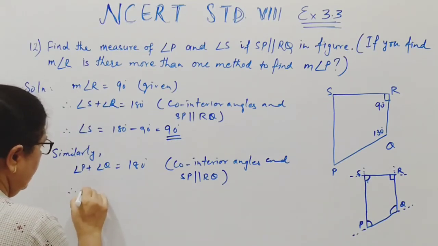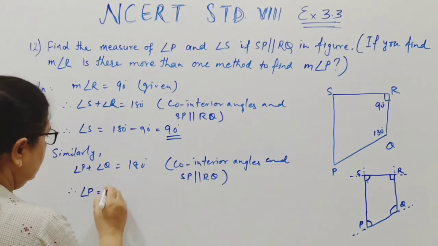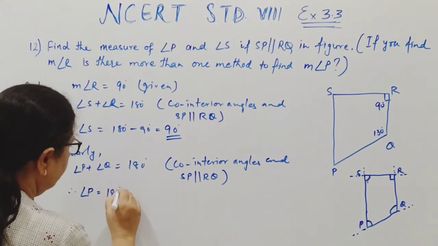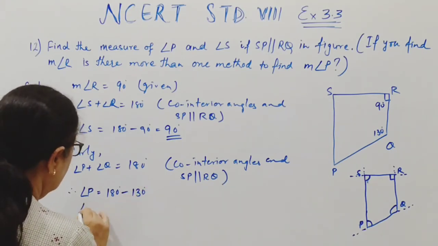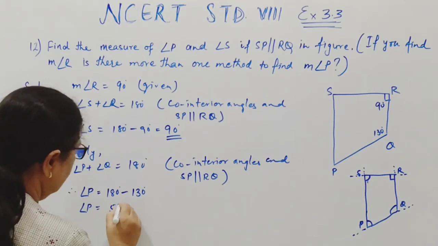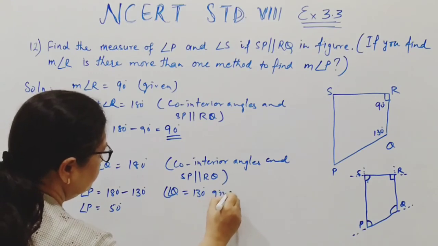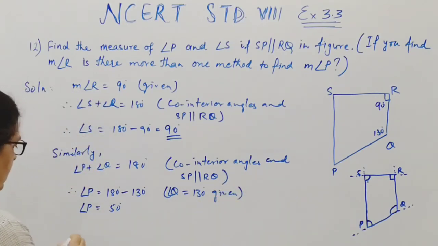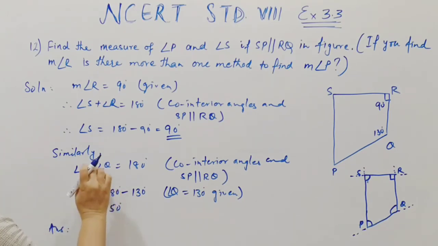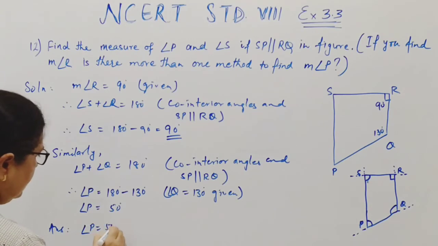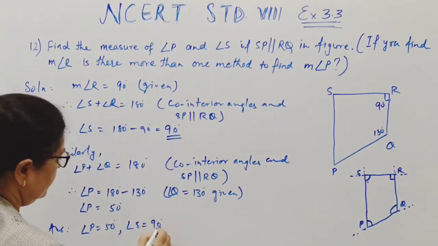Therefore, angle Q is given to us, that is 130 degree. So angle P is equal to 180 degree minus 130 degree. Therefore, angle P is equal to 50 degree. Hence, we have done the first part. Angle P is equal to 50 degree and angle S is equal to 90 degree.